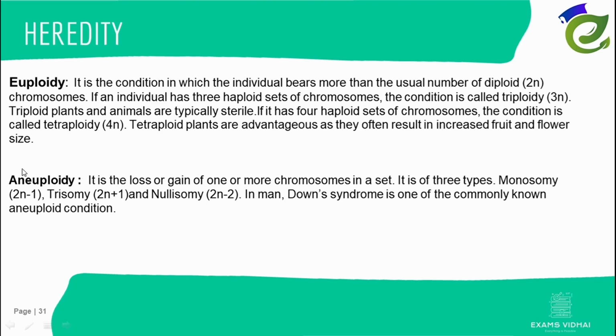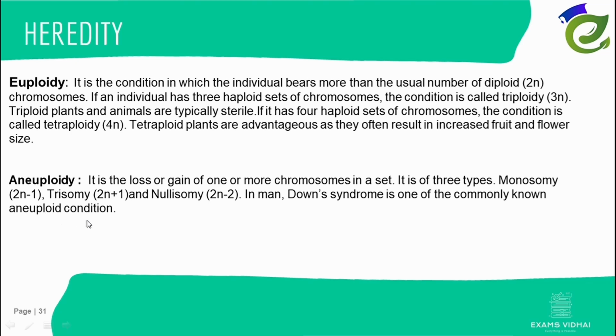Now aneuploidy. As euploidy is addition, I mean it has more number, in aneuploidy it has less number: the loss or gain of one or more chromosomes in a set. It has three types: monosomy, 2n minus 1; trisomy, 2n plus 1; and nullisomy, 2n minus 2. In man, Down syndrome is one of the commonly known aneuploid conditions.